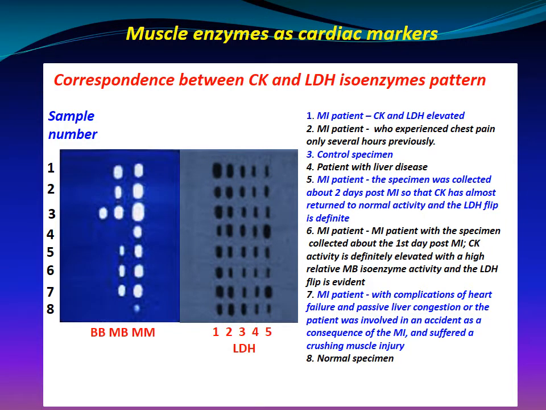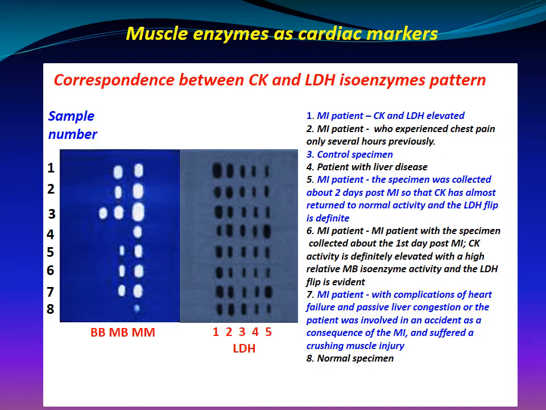Muscle enzymes as cardiac markers. The correspondence between CK and LDH isoenzyme pattern is illustrated in the figure. Sample 3 represents results for a control specimen to assure that the technique is working properly and that all bands present are detected.